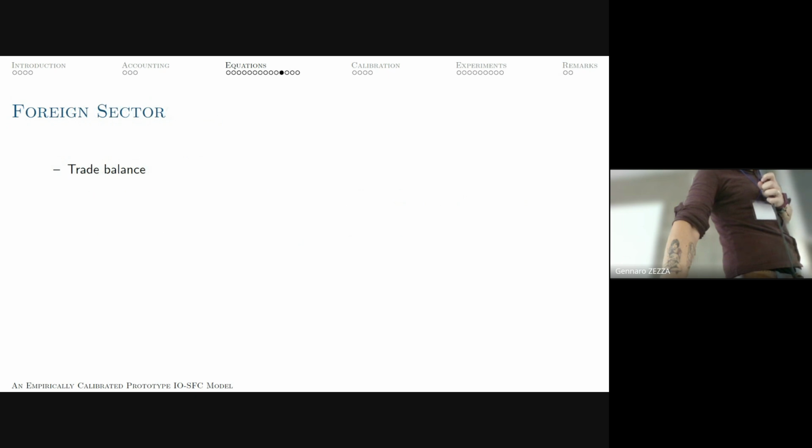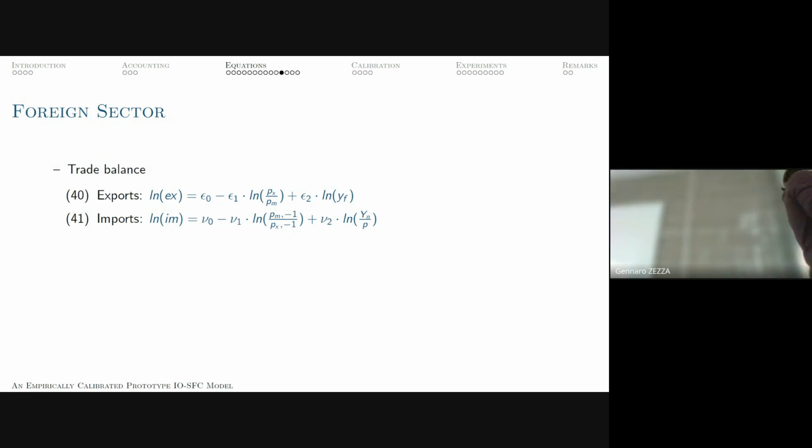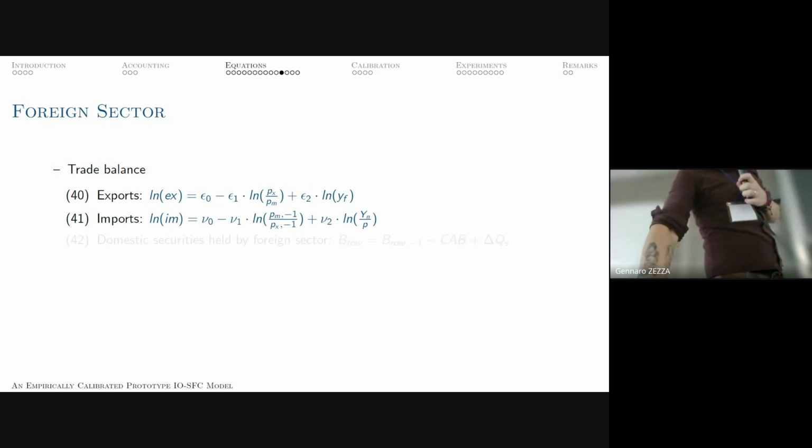Portfolio equations are quite standard. Export and import equations are quite standard. They depend on prices, domestic prices, foreign prices, price indexes. I just introduced a lag in imports to account for the so-called J-curve effect. But as for the rest, there's nothing new here.